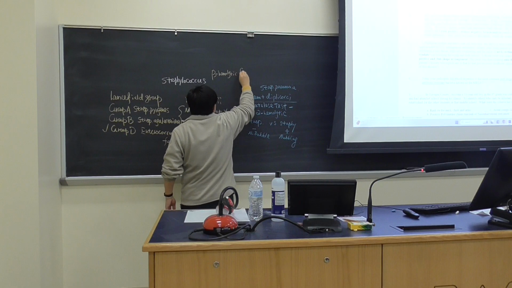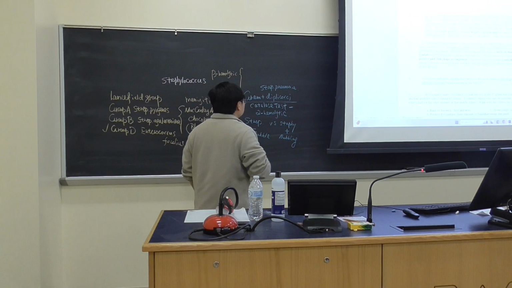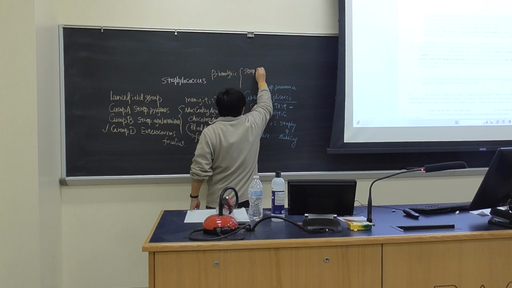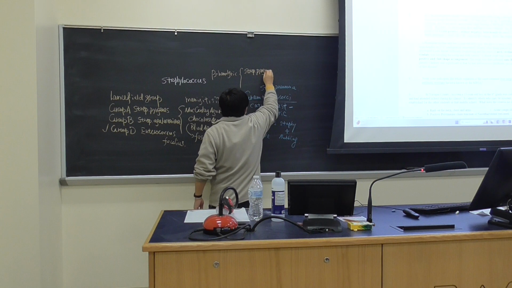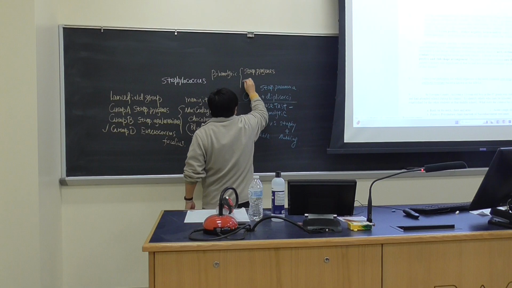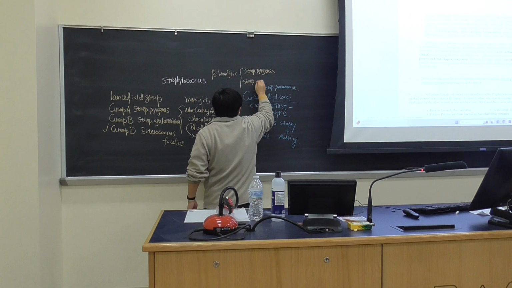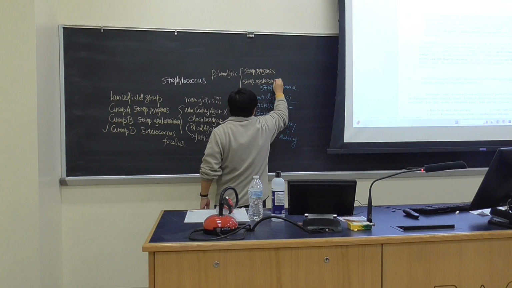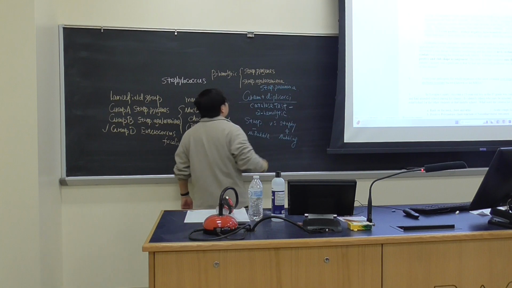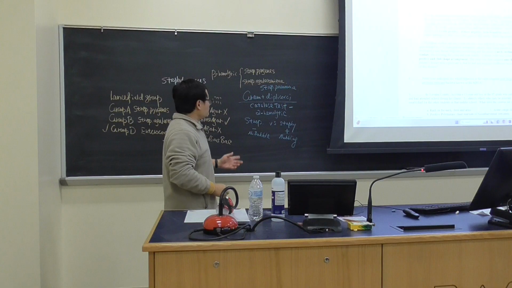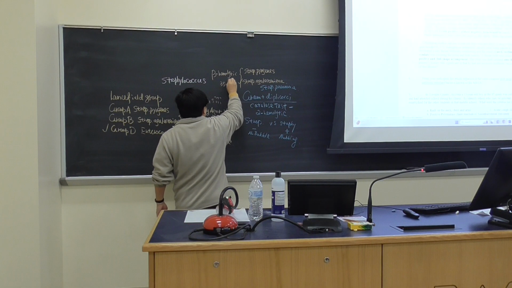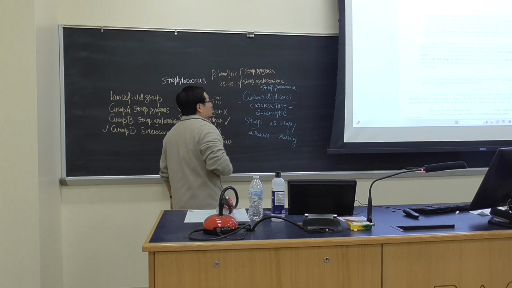What are the two beta-hemolytic bacteria? Streptococcus pyogenes and Streptococcus agalactiae. And we said a woman at 35 weeks of pregnancy needs to do a screening test.